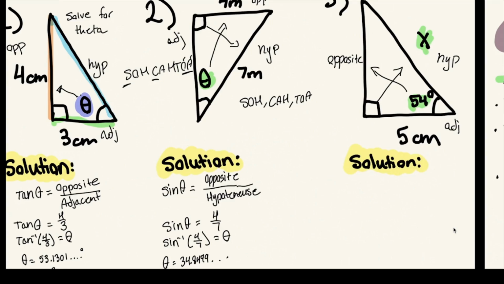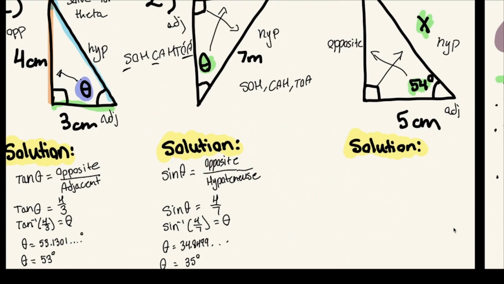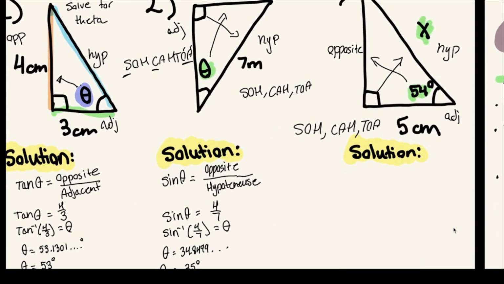Now let's see what we have to solve for. We have to solve for x. In order to solve it, we have to use a primary trigonometric function that has the hypotenuse and the adjacent in it. So let's see, SOHCAHTOA. Can we use sine? Does sine have opposite?